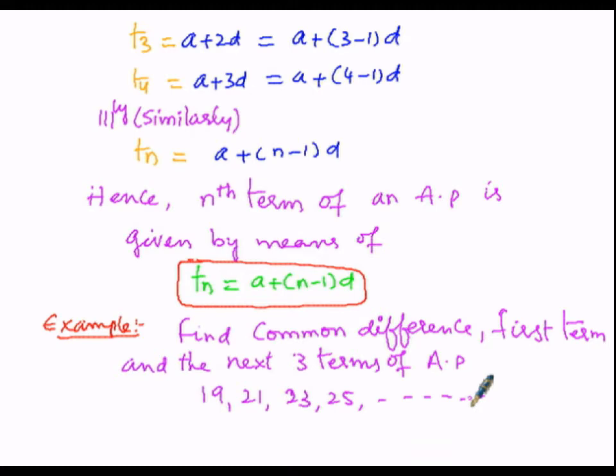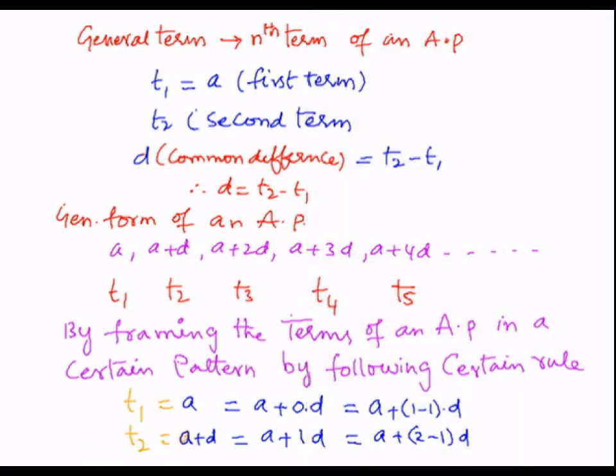So here, the general form of an arithmetic progression is a plus 0d, that is a, then a plus 1d, a plus 2d. Here a plus 1d is the second term, then a plus 2d will be the third term.